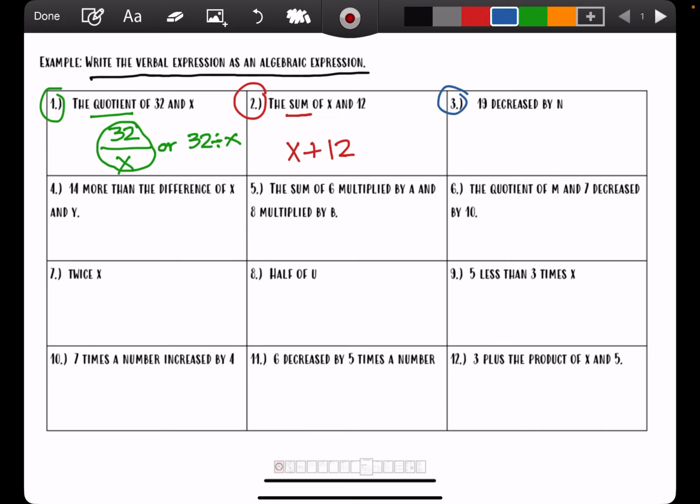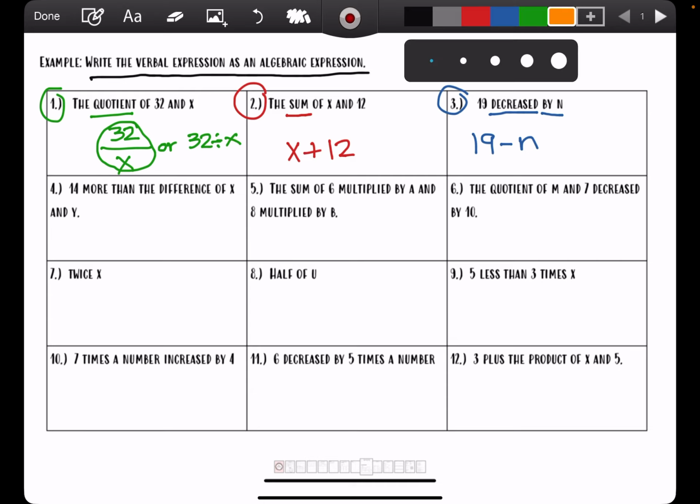Number three, 19 decreased by n. Decreased is our key word here, and decreased in math means you're subtracting. So it'd be 19 decreased by n. Before I keep going, let me write up in this corner. Sum equals addition, so if you hear sum, you're adding.